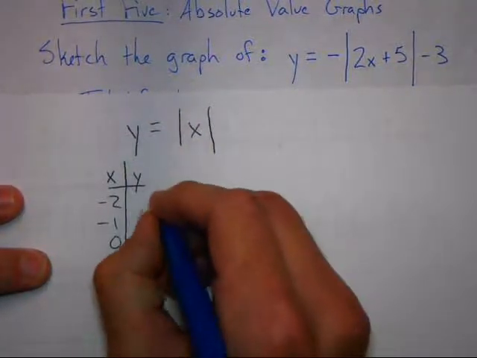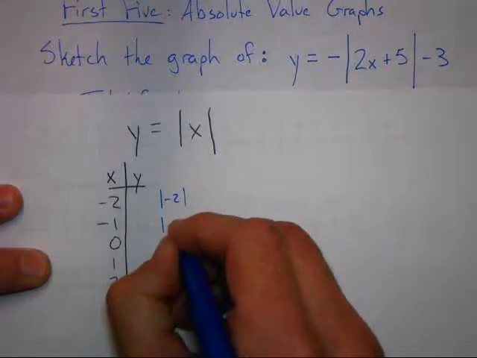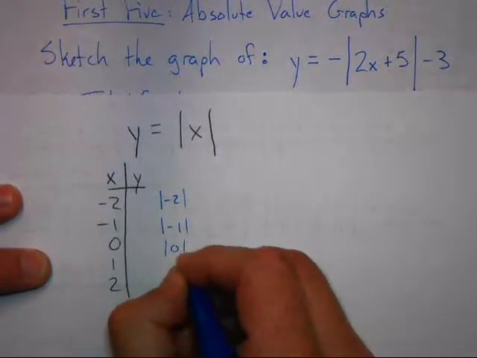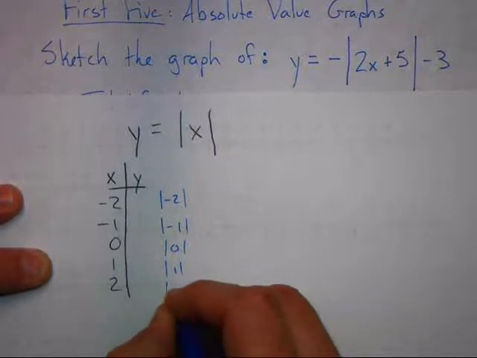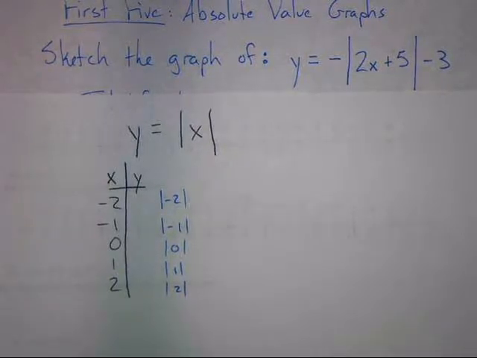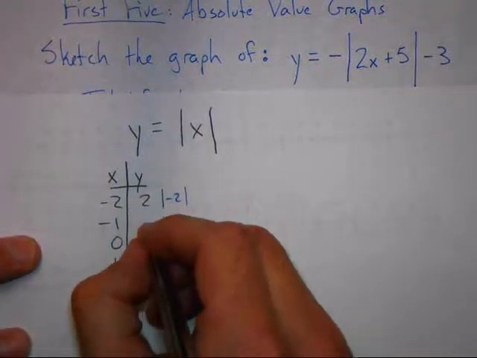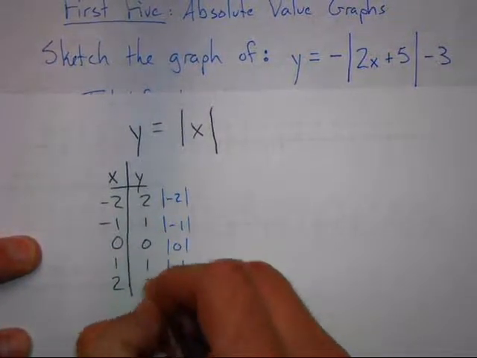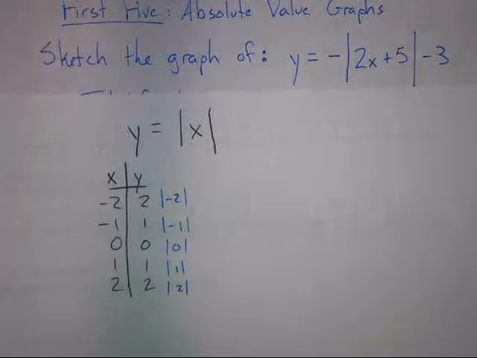So instead of the absolute value of x, we would have the absolute value of negative 2, the absolute value of negative 1, the absolute value of 0, the absolute value of 1, the absolute value of 2, and we find out what we get back for y. So the absolute value of negative 2 is positive 2, and we have our outputs just like this.